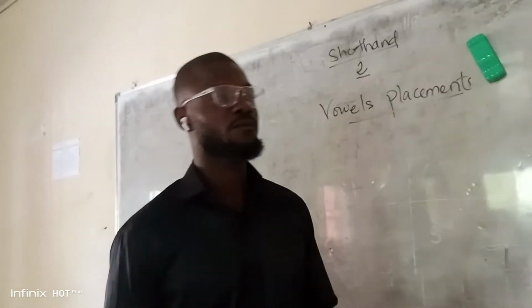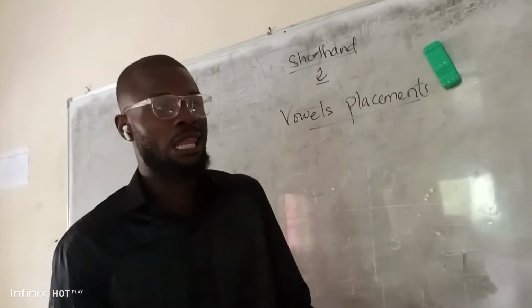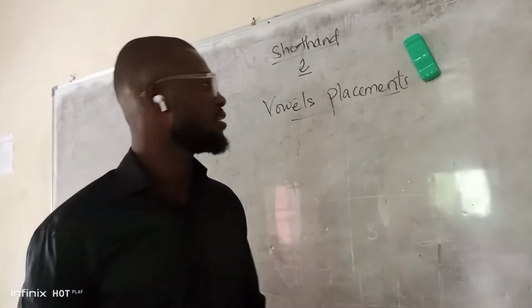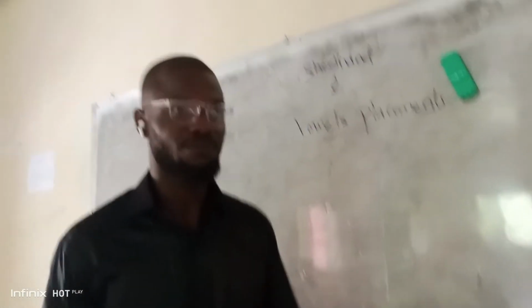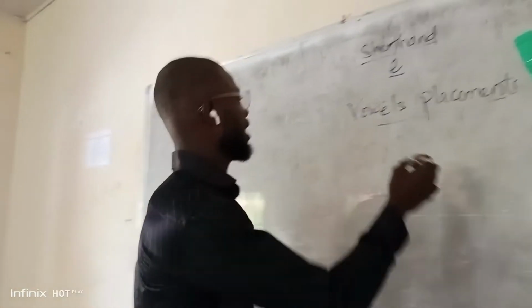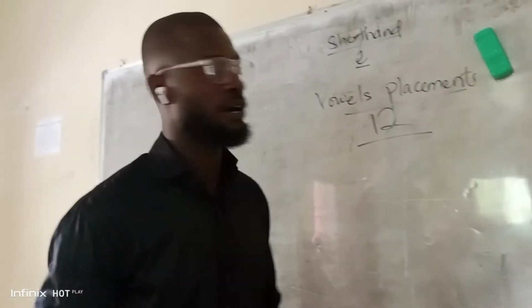Six of them are light vowel sounds, and the other six are heavy. So we have vowel sounds, 12 in number.